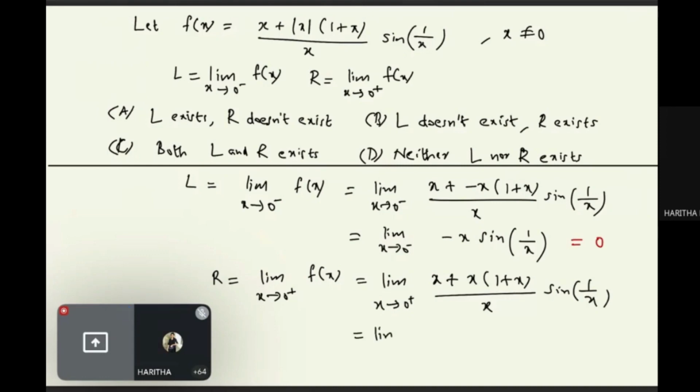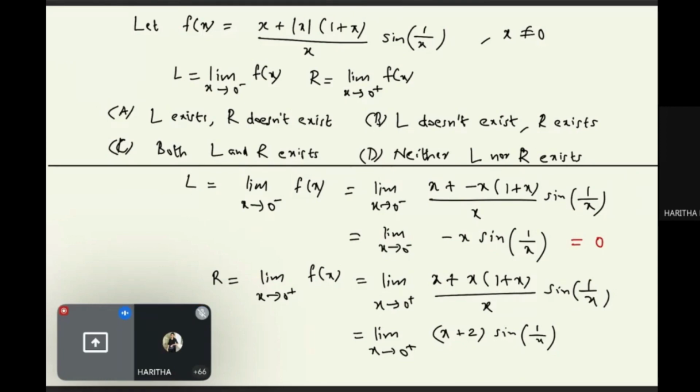These are simple calculations, that's why I'm not explaining much. Now what happens when you simplify? I think you get (x plus 2) times sine 1 by x or something like that. Right? You can check it.